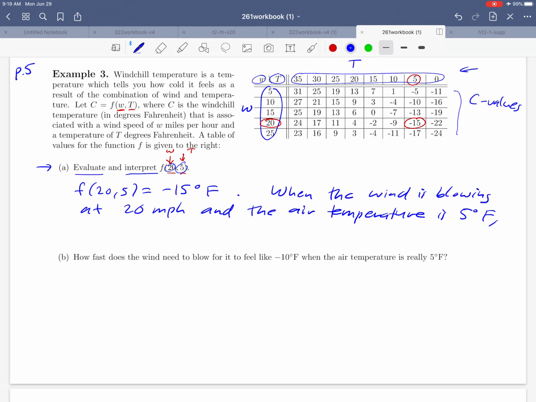That's the start. And last number to explain is the negative 15. That's the wind chill temperature, so we're saying that the wind chill temperature is going to be negative 15 degrees Fahrenheit.